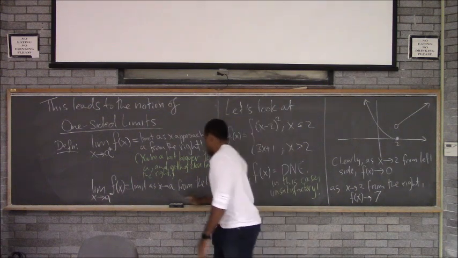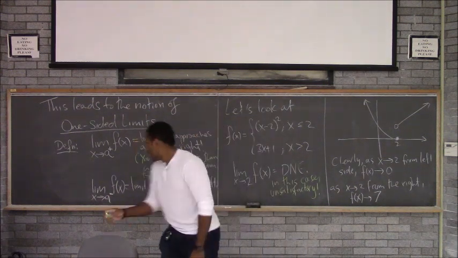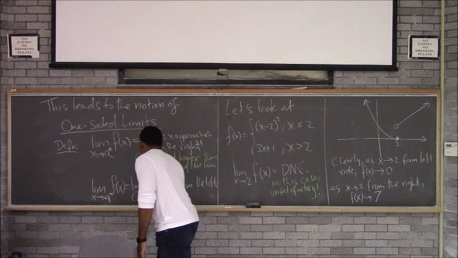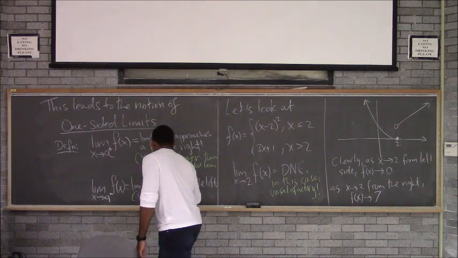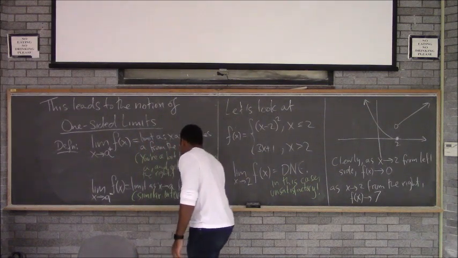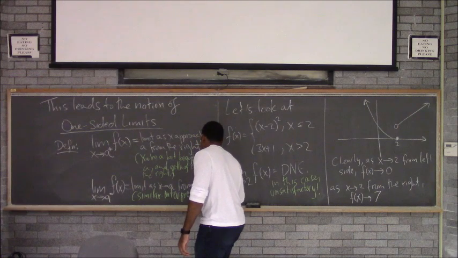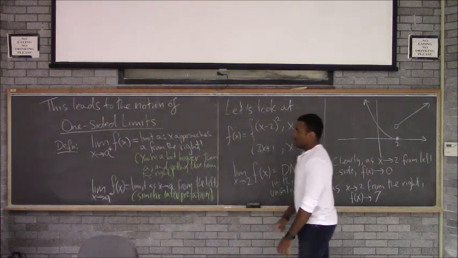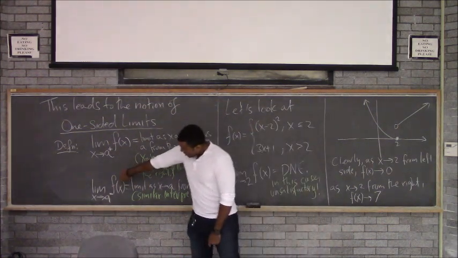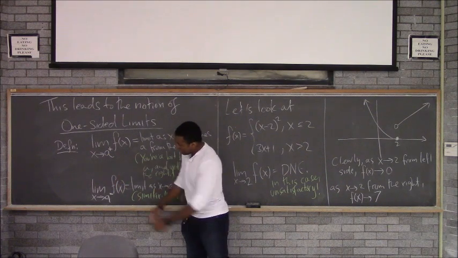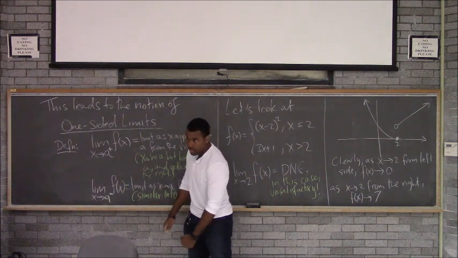Okay. And of course, this is interpreted similarly. So you write that when you're coming from the left, you're a little bit smaller than a, and you're getting close to a from the left side.